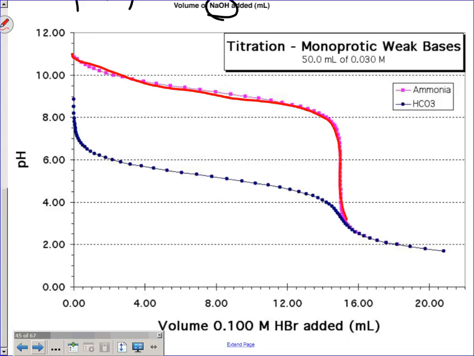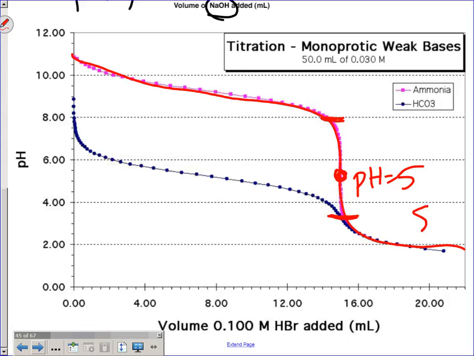Okay, where is the equivalence point on the pink one? pH what? 5-ish. Okay, so the vertical section's there. About halfway down, it's probably about here. Yeah, probably about 5, 5.5. So, based on where the equivalence point is, what is combining to make this graph happen, to make this reaction?